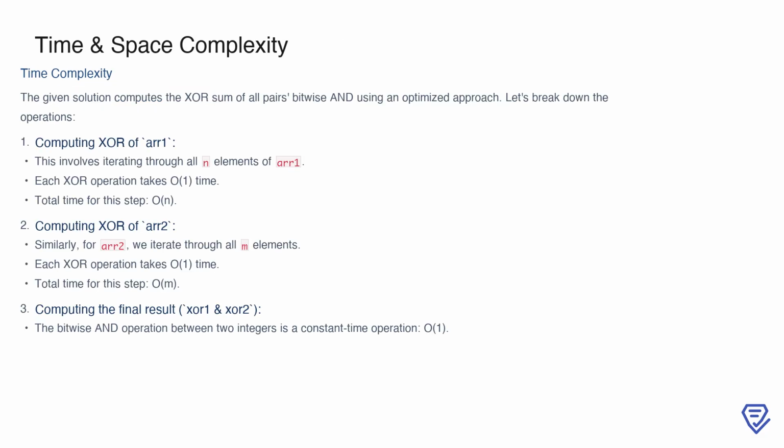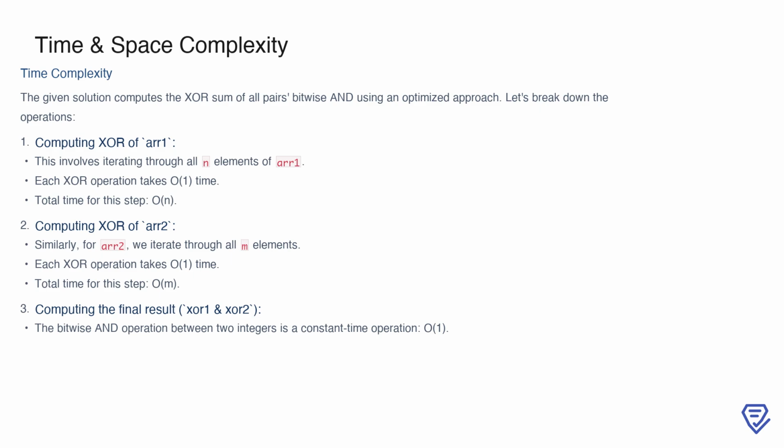In terms of time complexity, the solution employs an optimized approach to compute the XOR sum of all pairs bitwise AND. First, we calculate the XOR of all elements in ARR1. Since this involves iterating through n elements, and each XOR operation is a constant time operation, this step requires O(n) time.